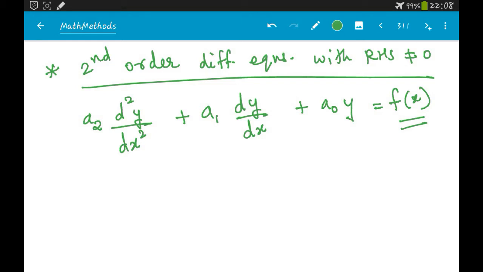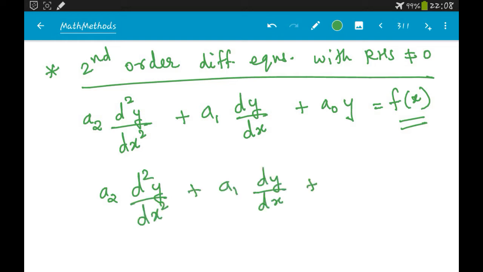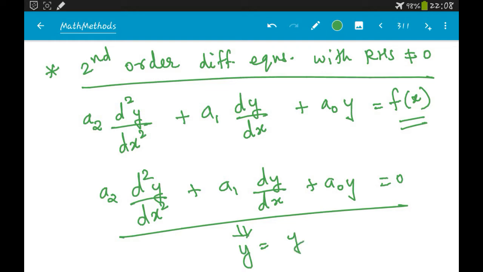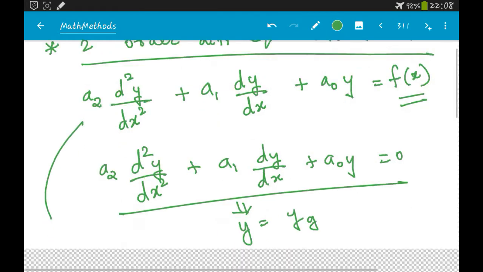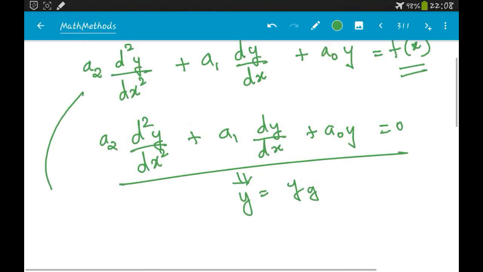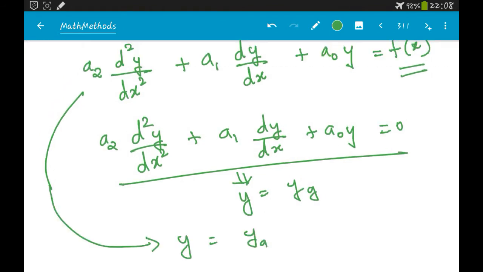So we have seen that for this equation, a2 d2y by dx square plus a1 dy by dx plus a0y equal to 0, we get a solution which is the general solution yg, and for this equation we'll get a solution which is yg plus yp.